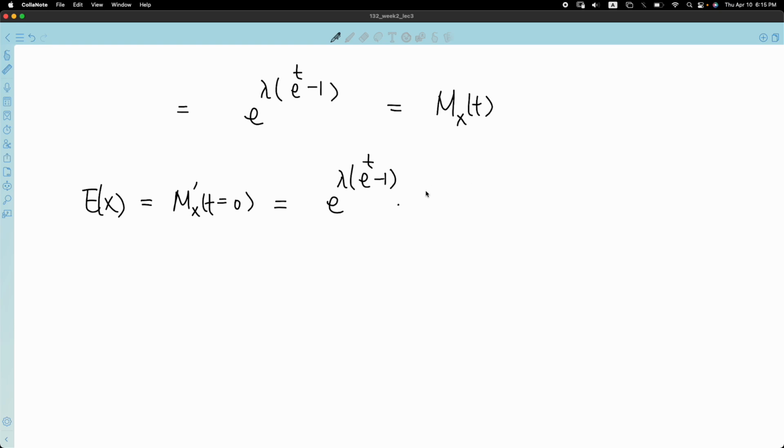It should be the derivative of this part, so there should be a lambda as a constant.